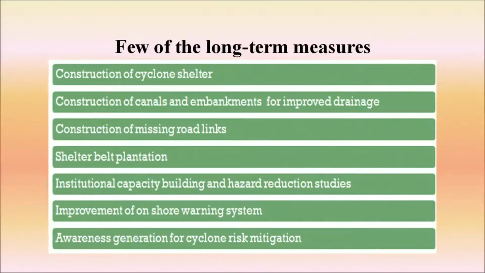That is long-term measures: construction of cyclone shelters, canals and embankments, improved drainage, missing road links, shelterbelt plantation, institutional capacity building and hazard reduction studies, improvement of offshore warning system, and awareness generation for cyclone risk mitigation.